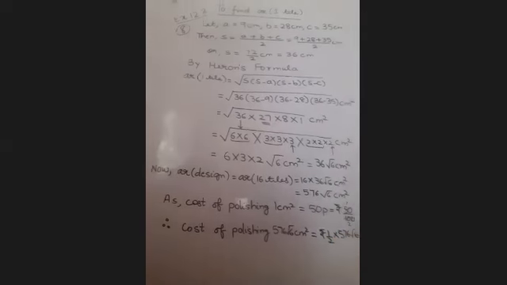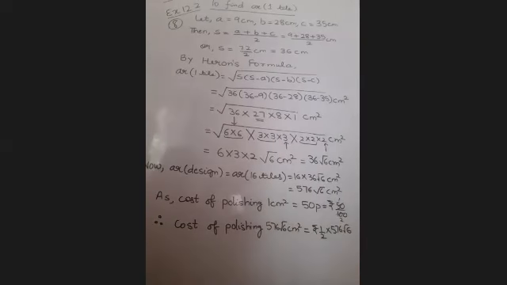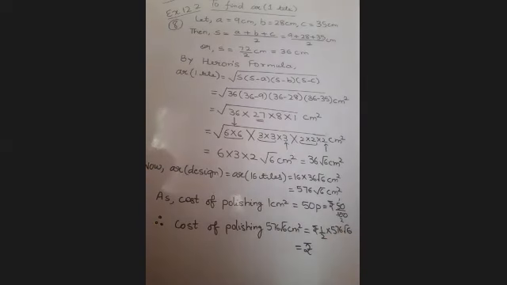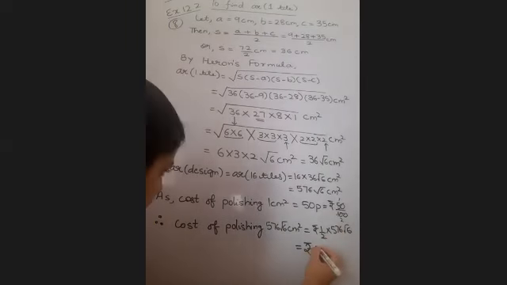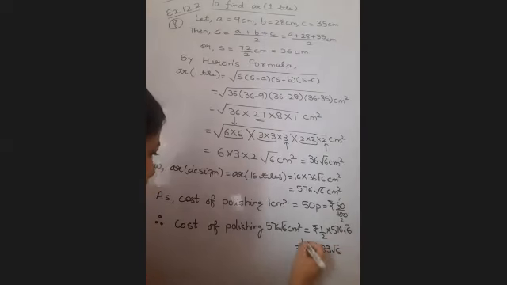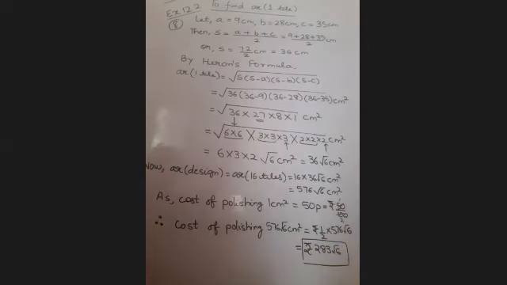What is the division? Rupees 576 divided by 2 is 288, so 288 root 6. That's it. Clear? Yes, ma'am.